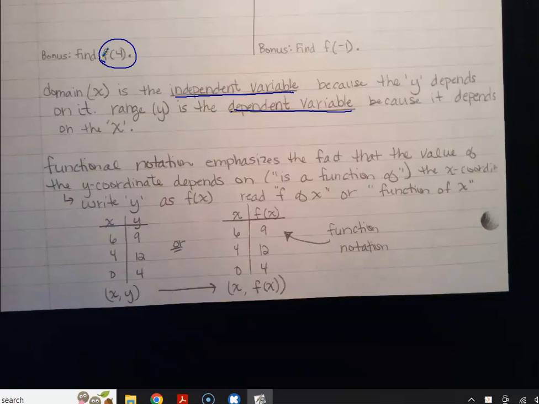So we write y as f of x. We just have f parentheses x, but we say f of x, or function of x. This chart is the exact same; we just changed the label y to the label f of x.